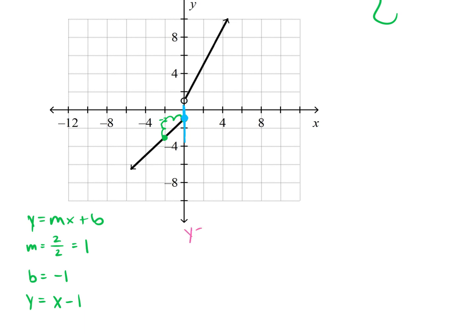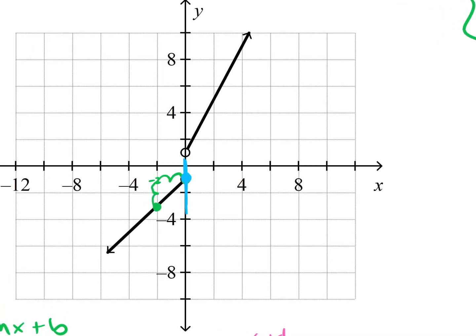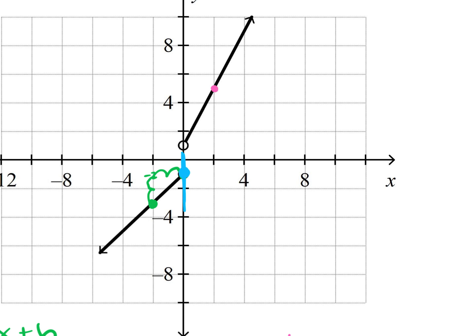So again, I'm going to write it in my y equals mx plus b form. So let's find our slope first. We can pick any 2 points. So I'm going to pick this one, and we'll pick the starting point. So be careful because our increments go up by 2. So I'm just going to go halfway, which would be 1, 2, 3, 4. So I go up 4 and to the right 1, 2.